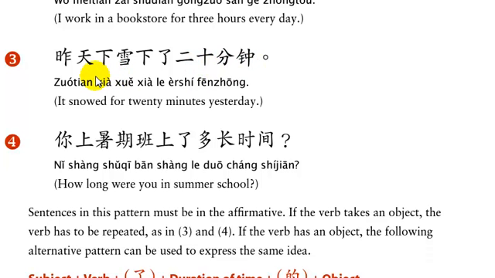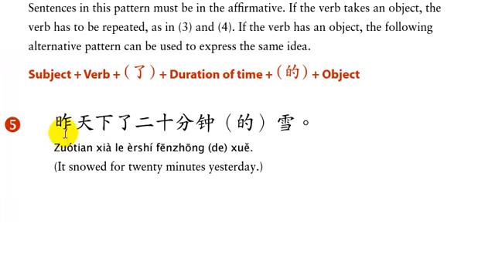So all we did at the bottom is we said 昨天, cut this part out, said 昨天下了20分钟, and then took this 雪 and stuck it on the end: 昨天下了20分钟雪. So you can express this same concept, it snowed for 20 minutes yesterday, in these two ways.